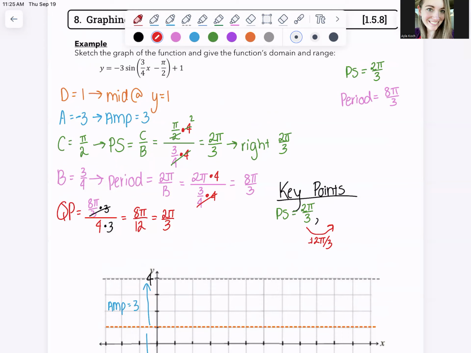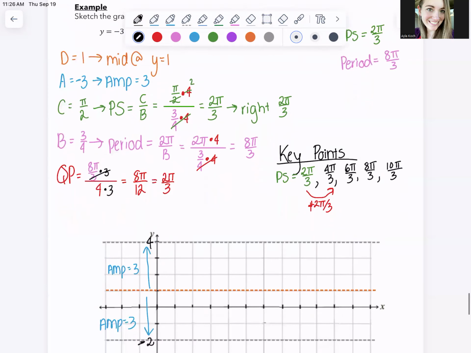They don't always come out to be the same denominator, but they're the same here. So I go 2 pi over 3 plus another 2 pi over 3. I get 4 pi over 3. Add another 2, so 4 plus 2 is 6 pi over 3. Add another 2, 8 pi over 3. So now I have 4 points, one more, 10 pi over 3. All right, now we have everything we need.